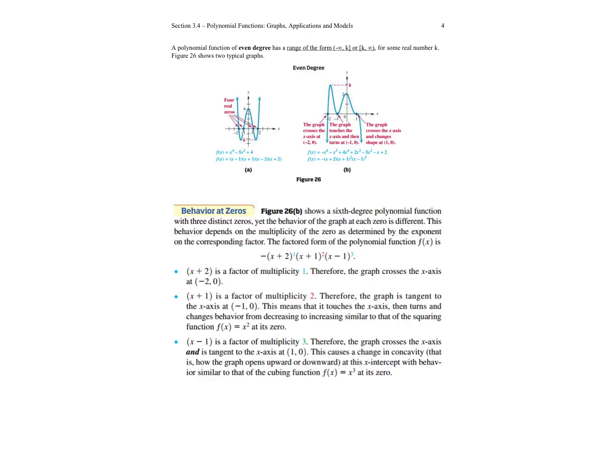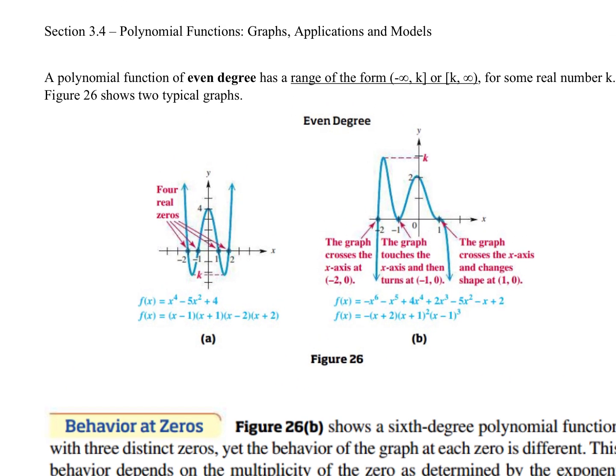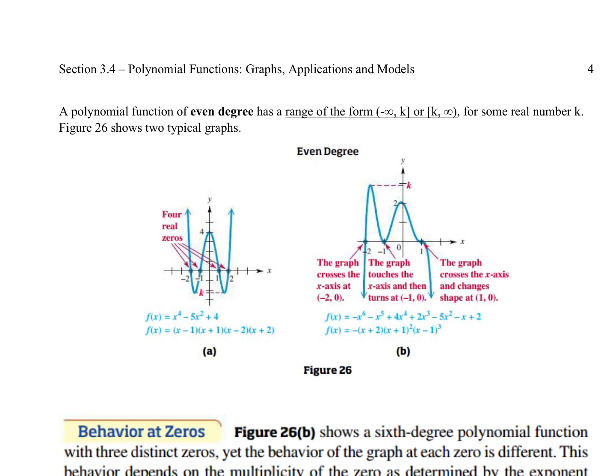However, even functions do not necessarily follow this rule, okay? They could have one solution, many solutions, or no solutions. However, they have their own special limitation, which is on range. Okay, they will always have a minimum or a maximum value in their range.